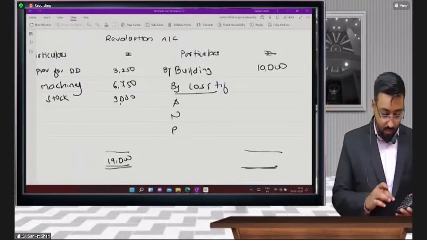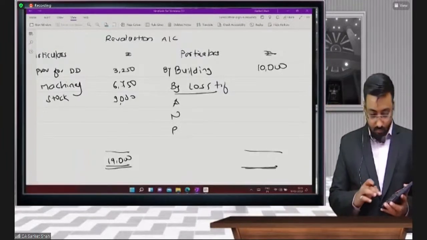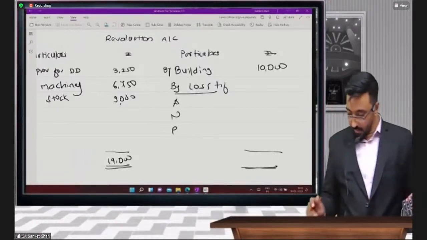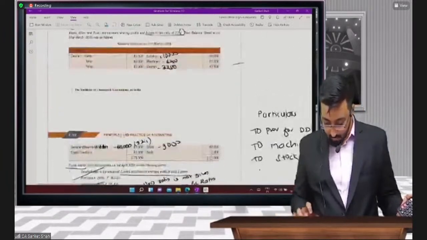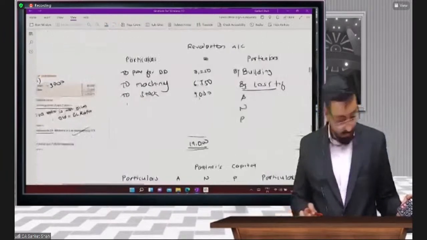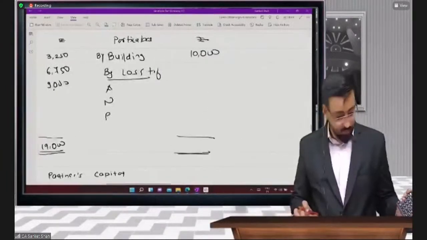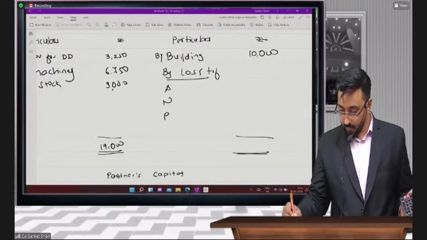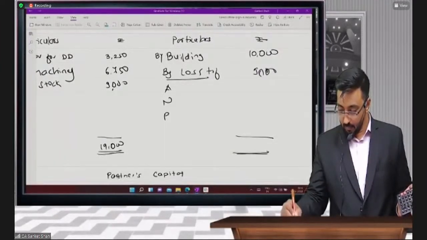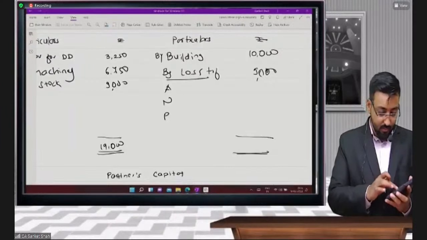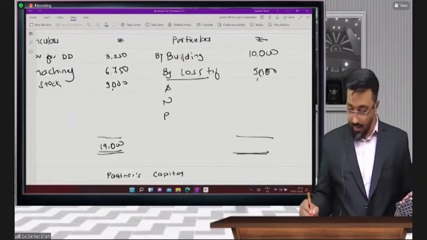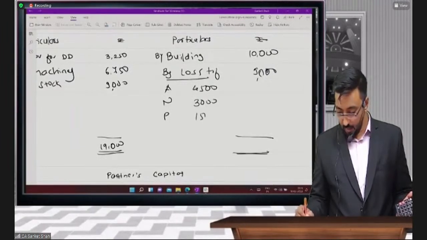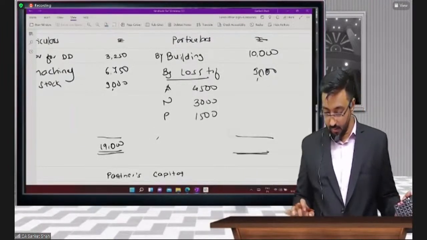So 19,000 divided by 6 into 3. What is their ratio beta? I forgot ratio. 3:2:1, na. What is their answer? It's 9,000, na. 9,000 divided by 6 into 3, 4,500 and 1,500.